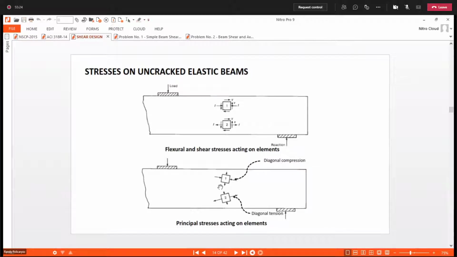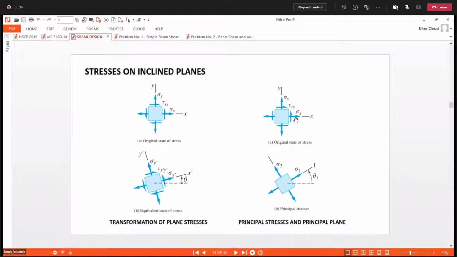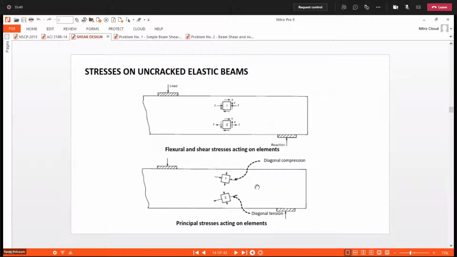And the shear stress representing what? Representing the vertical here. Kasi nung kinonvert natin dito, yung ating normal stress representing that sigma 1 and sigma 2 representing the shear.